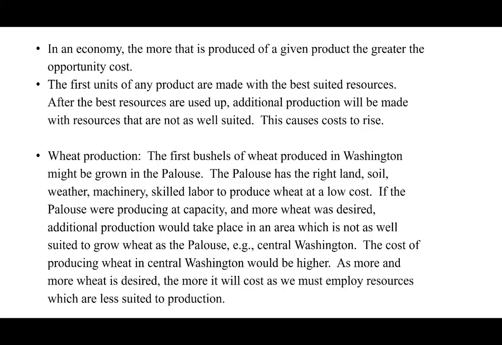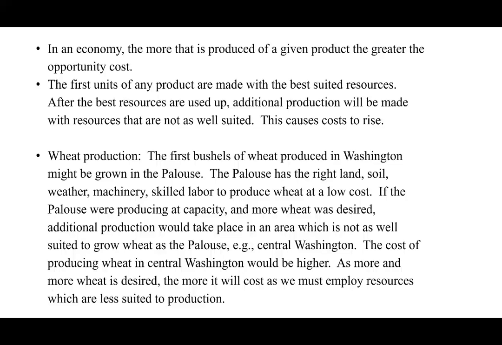Let's look at wheat production in our own state. The first few bushels of wheat produced in Washington might be grown somewhere like the Palouse, because it has the right land, soil, weather, machinery, and skilled labor to produce wheat at a very low cost. If the Palouse were producing at capacity and more wheat was desired, additional production would have to take place in an area which is not as well suited to grow wheat as the Palouse is.